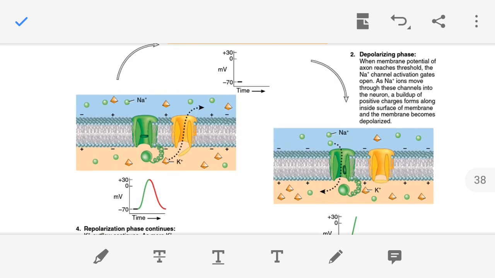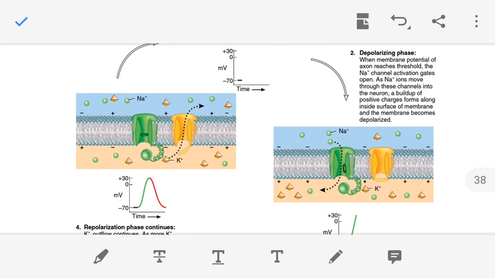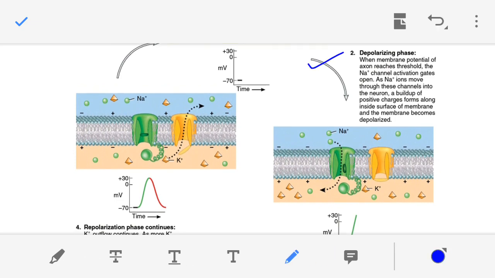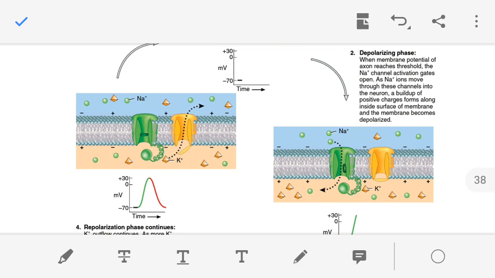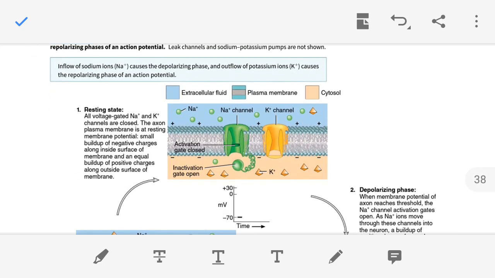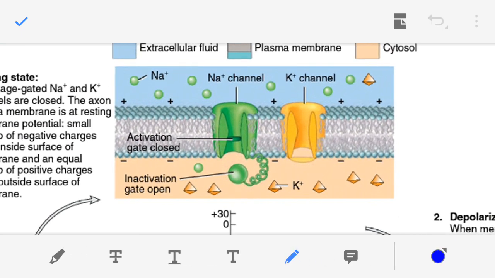Now what are the events taking place during depolarization? First of all, observe this channel. In green color is the sodium channel, and there are two gates. One is the activation gate, and the second is known as the inactivation gate.